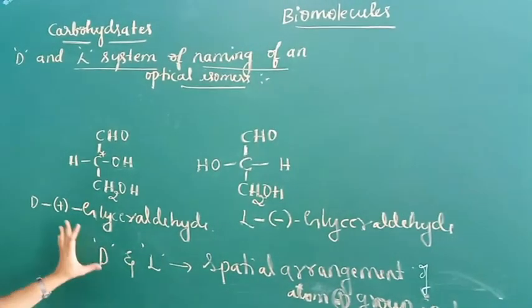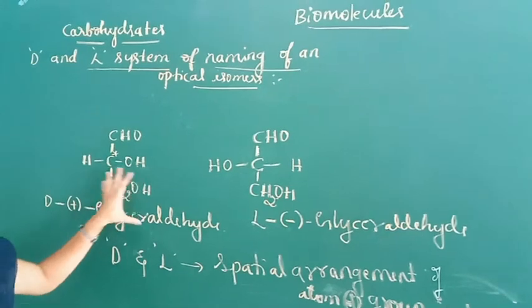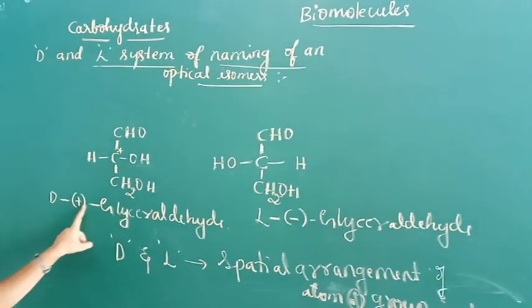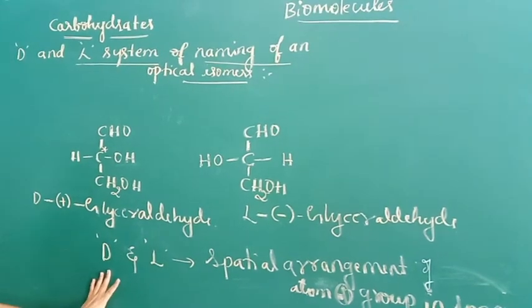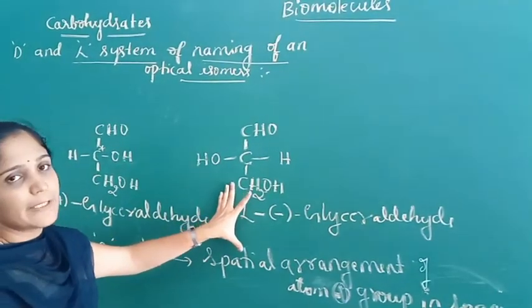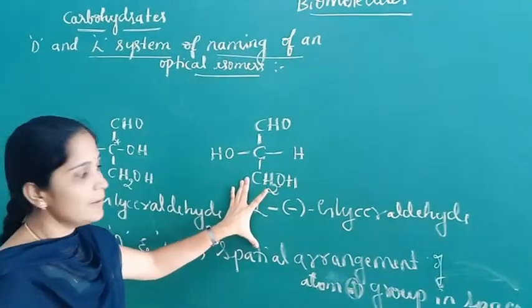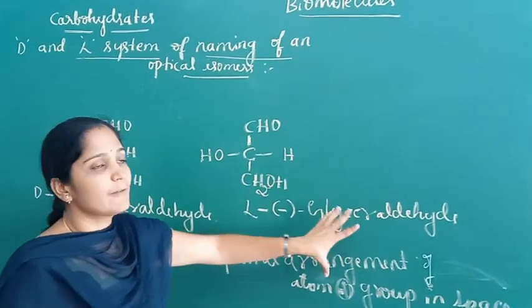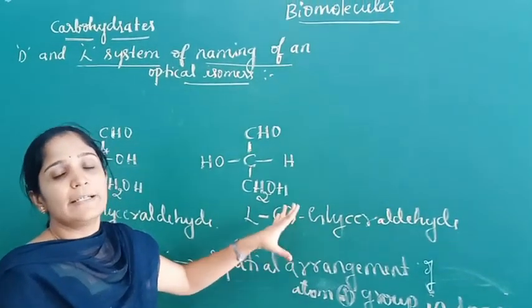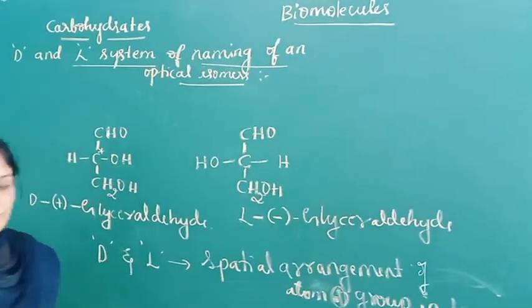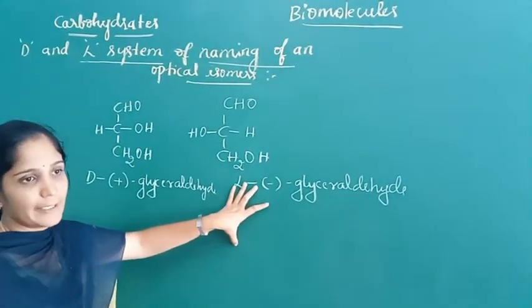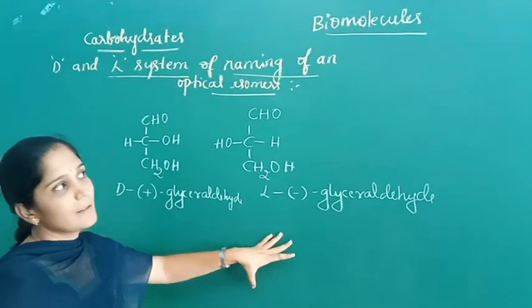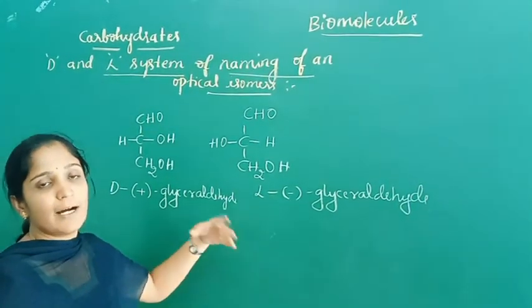All those compounds which can be chemically correlated to the plus isomer of glyceraldehyde are said to have D configuration, whereas those which can be chemically correlated to the minus isomer are said to have L configuration. By using this standard glyceraldehyde, we can assign the D and L configuration of other compounds.